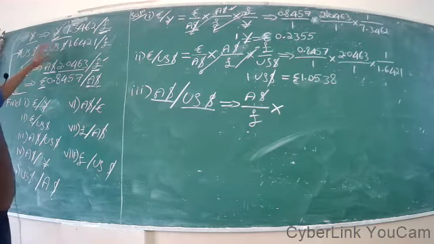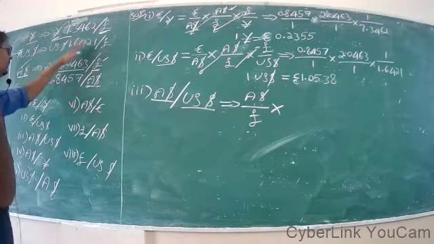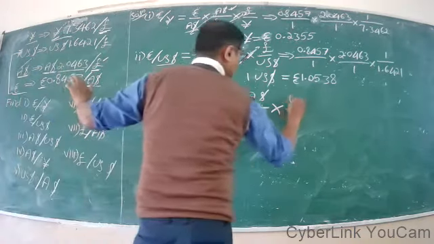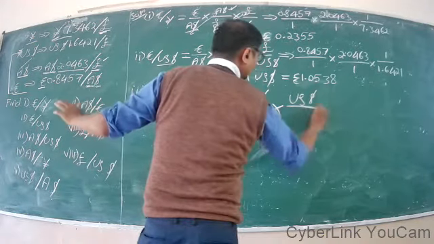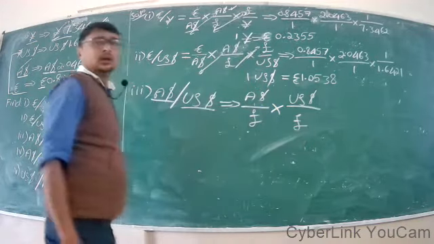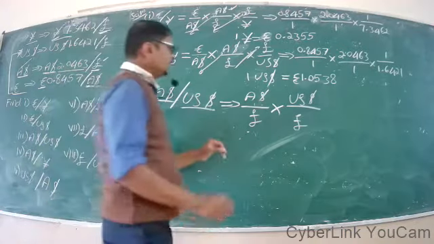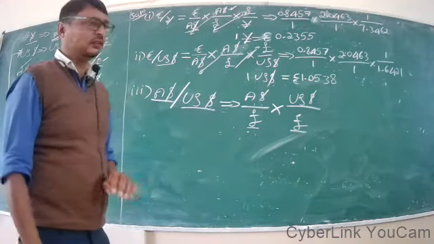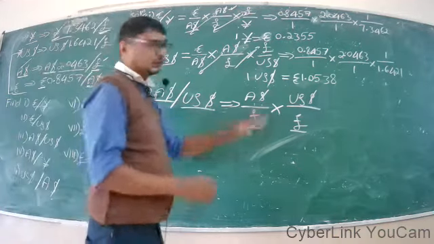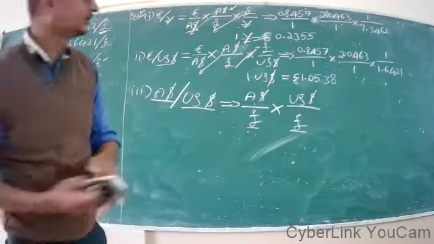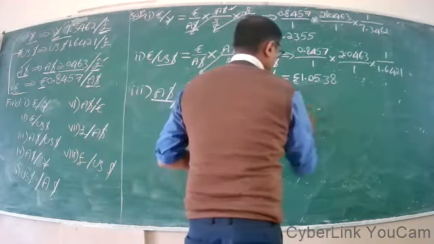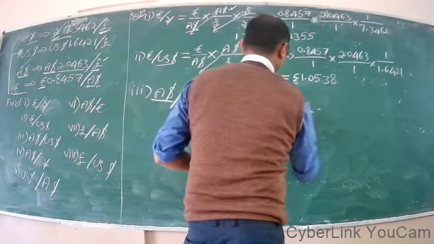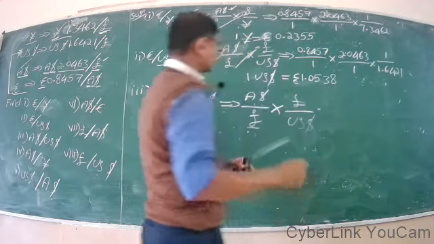So they are offering US dollar 1.6421 per sterling pound. So in the given problem, it is US dollar per sterling pound. But mathematically, if both the denominators are the same, we cannot simplify it further. So we have to redraft this as sterling pound per US dollar, right?